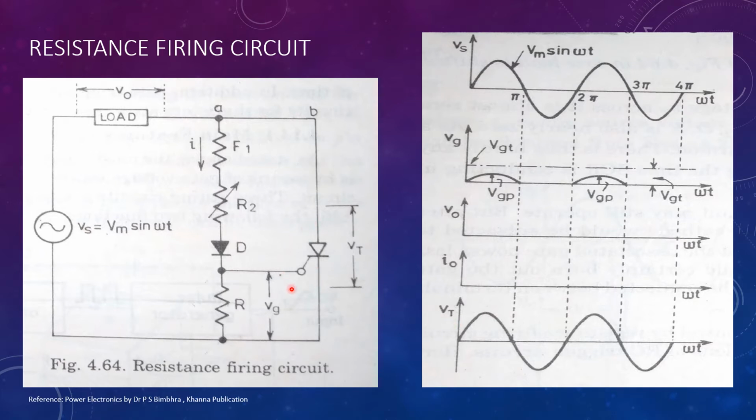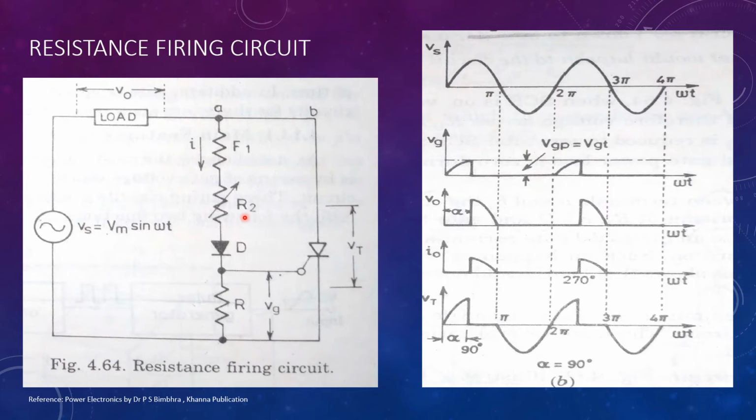Since the thyristor is open, there is no current flowing in the circuit. So there is no load current. And the output voltage V0 is 0 since the thyristor is open.